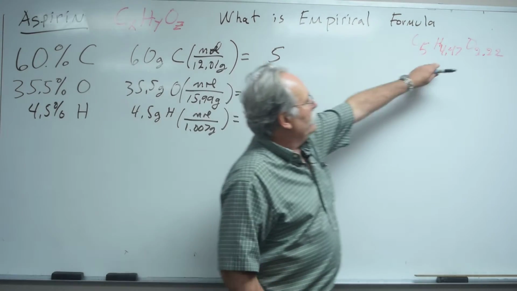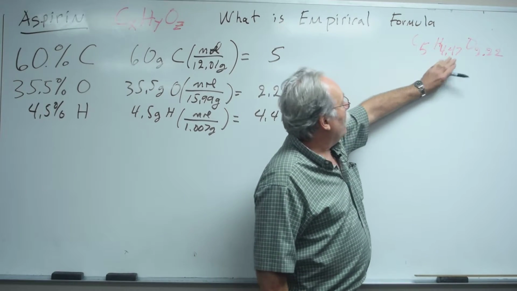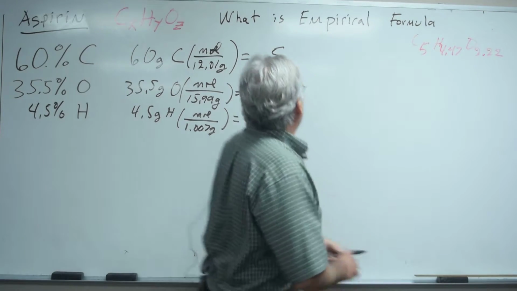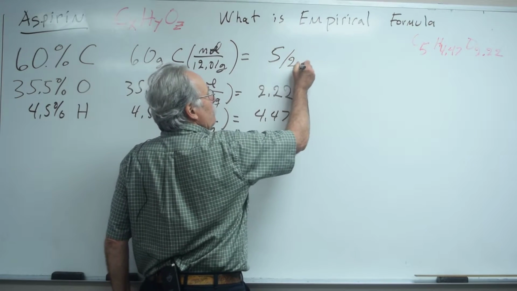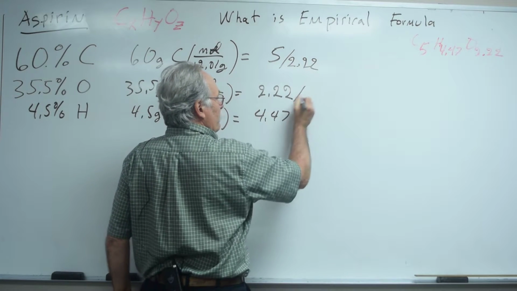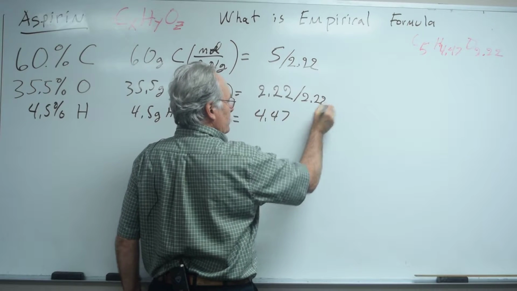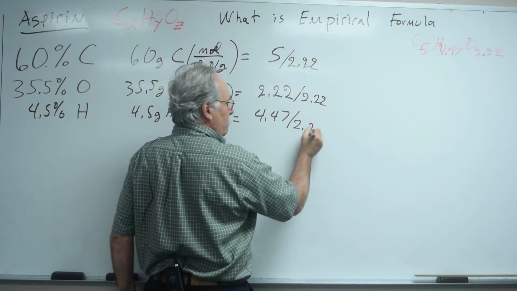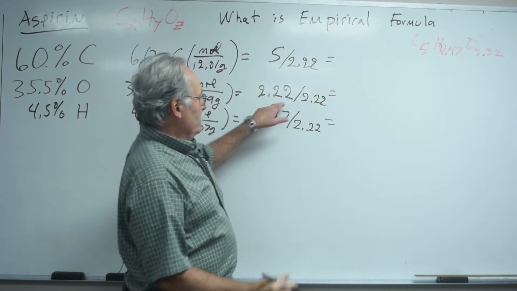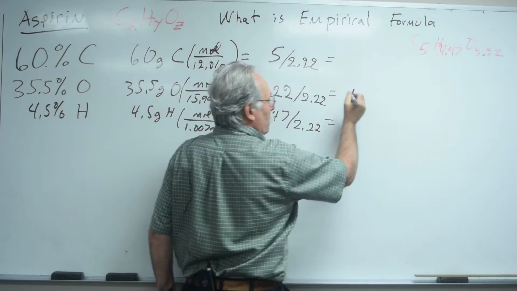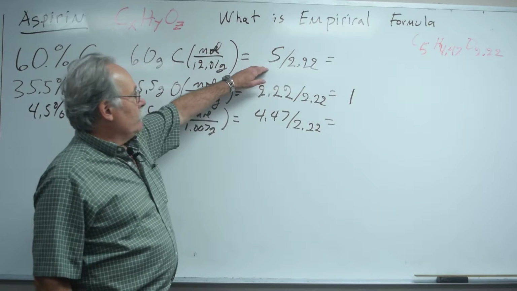This forces one of these to be 1, and the others to be a number greater than 1. So I divide this by 2.22, this by 2.22, and this by 2.22. One of these must be 1, the smallest one, and the others must be greater than 1.